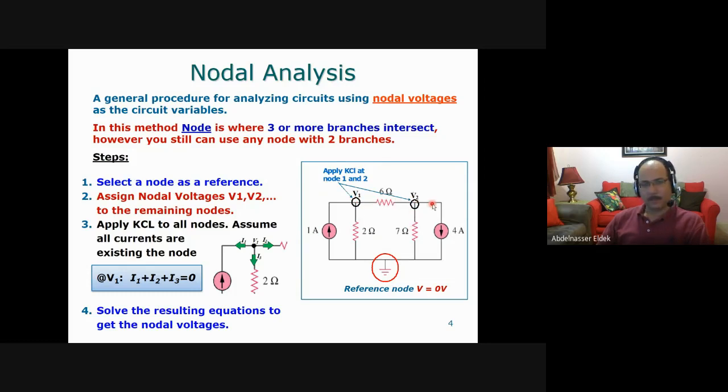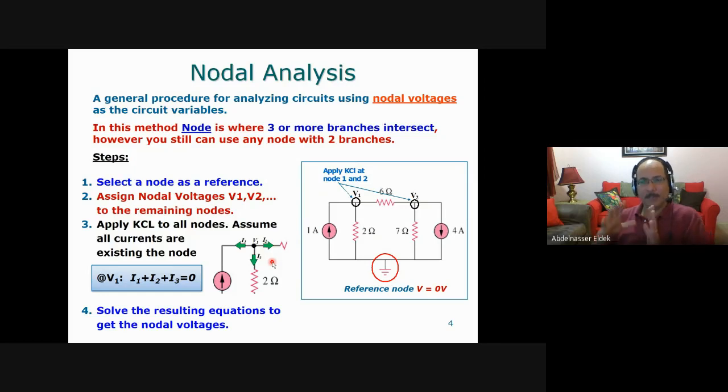Also, you do that. And to make it easy, we make the assumption that we calculate the currents exiting the nodes. For example, if you see this V1, I want to calculate this I1 and I2 and I3. So in this case, I1 plus I2 plus I3 equals 0.